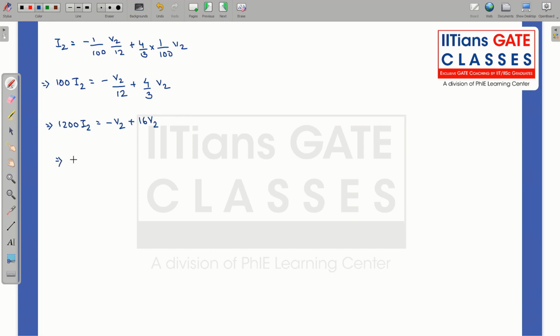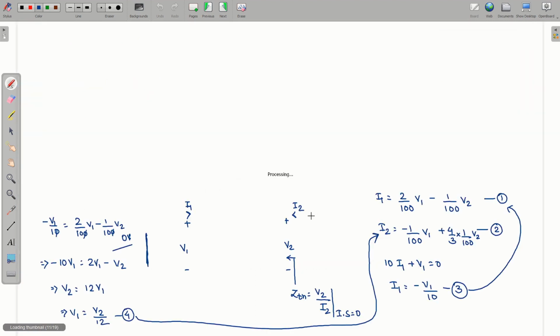So this will be 15 V2 is equal to 1200 I2. So V2 by I2 is equal to 1200 by 15. If I divide numerator and denominator by 5, this will be 240 by 3, so this will be 80. So this comes out to be 80 ohm.